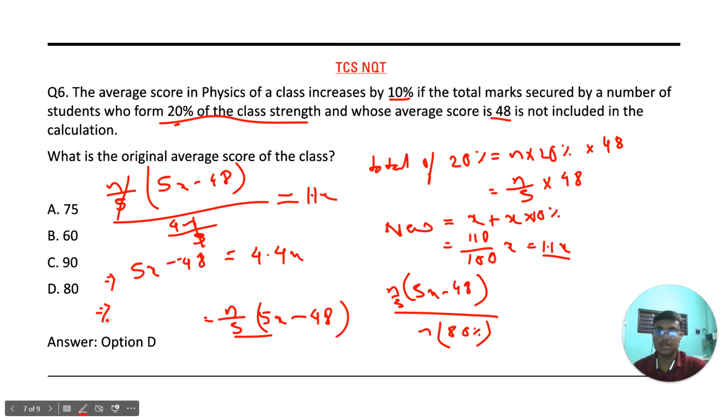This implies that 0.6x is equal to 48 and x equal to 48 into 10 by 6. I multiplied 10 to remove this dot. So 6 8s are 48. Hence our final answer comes out to be 80.